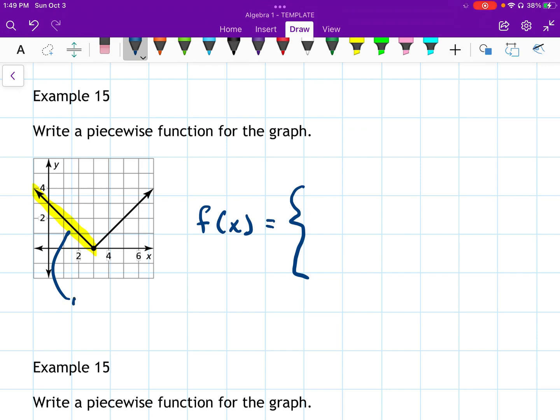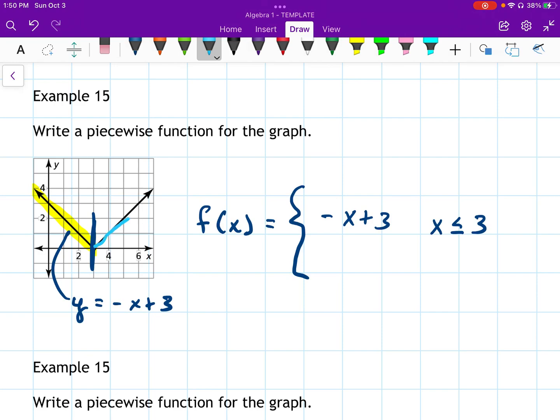This looks like the line y equals -x plus 3. So in my function here, I'm going to say -x plus 3. And where does it stop? It would stop right here, which is x equals 3. So I'll say for x less than or equal to 3.